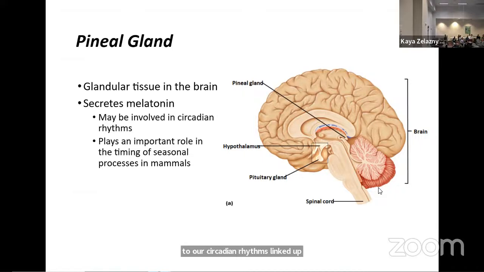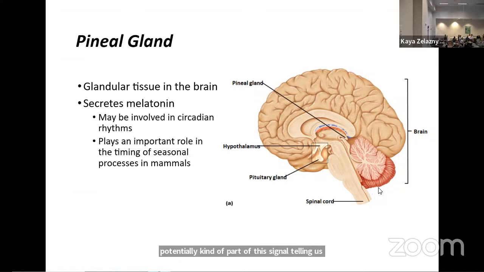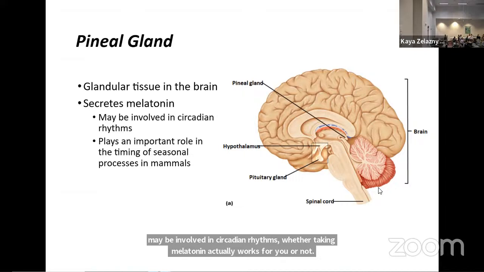So we think it's potentially part of the signal telling us it's time to sleep. Whether taking melatonin actually works for you or not is kind of up to you. Some studies say yes, some studies say no.